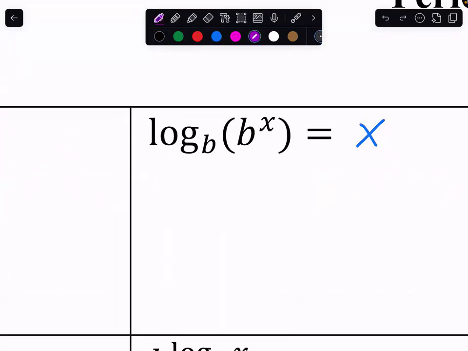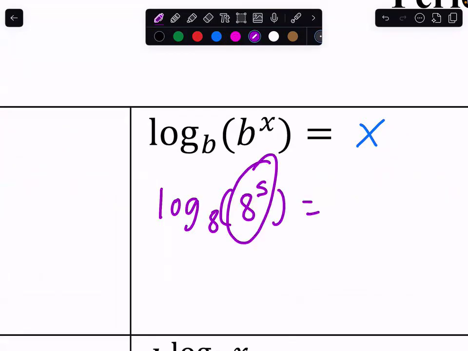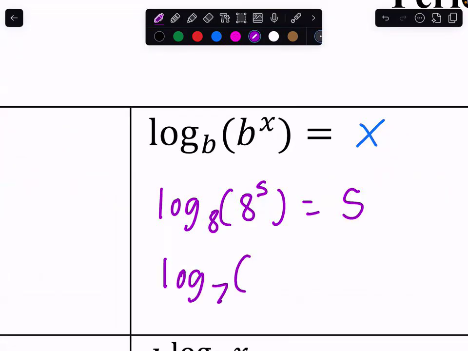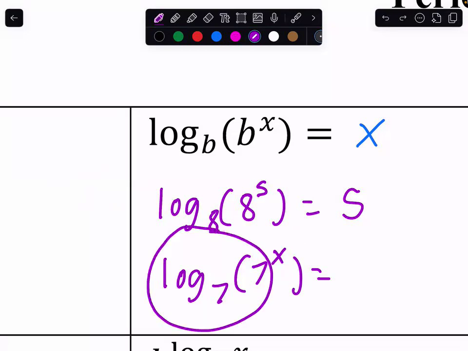Just to give a couple more examples, if you had log base 8 of 8 to the power of 5, we don't need to spend the time calculating what is 8 to the 5th power. We know that this part will cancel out, leaving the 5 behind. Or if you had log base 7 of 7 to the power of x, even though we don't know what x is, the log base 7 of 7 part cancels out, leaving just the x behind.